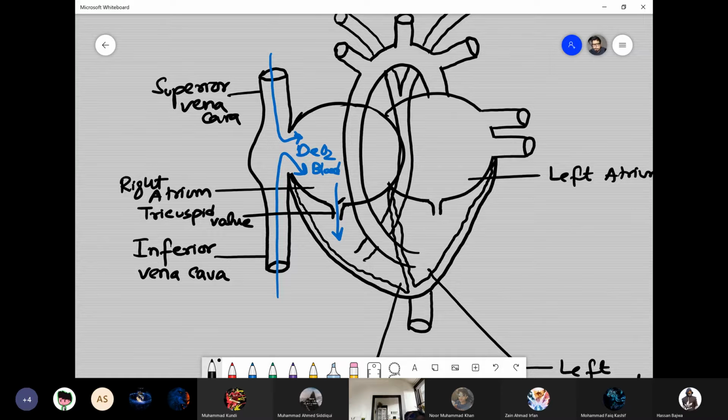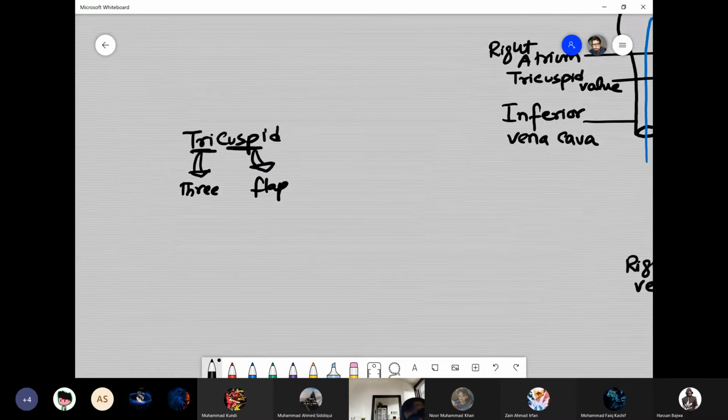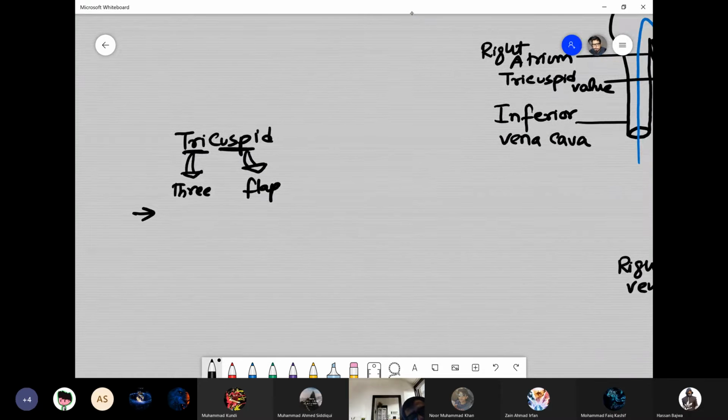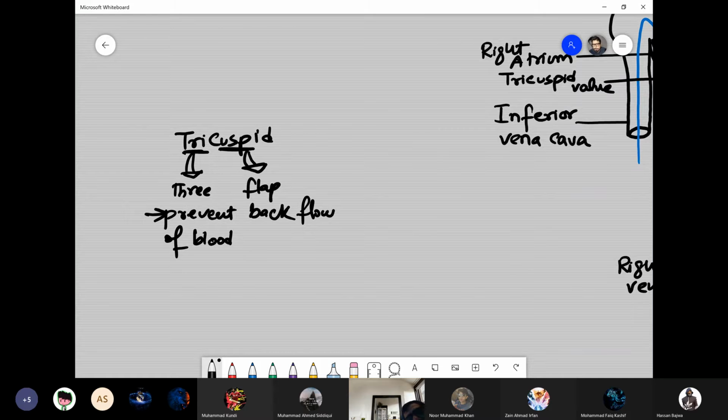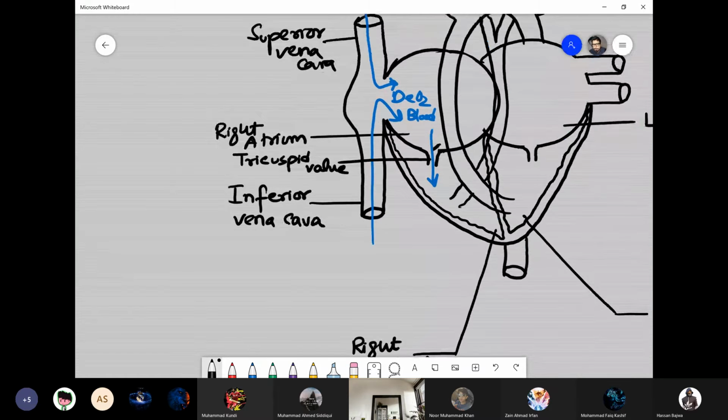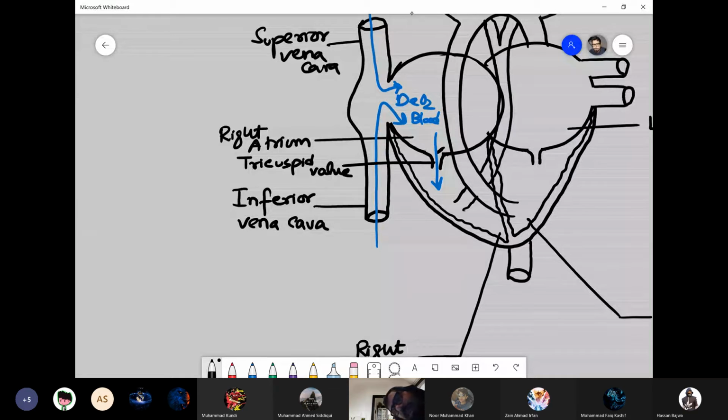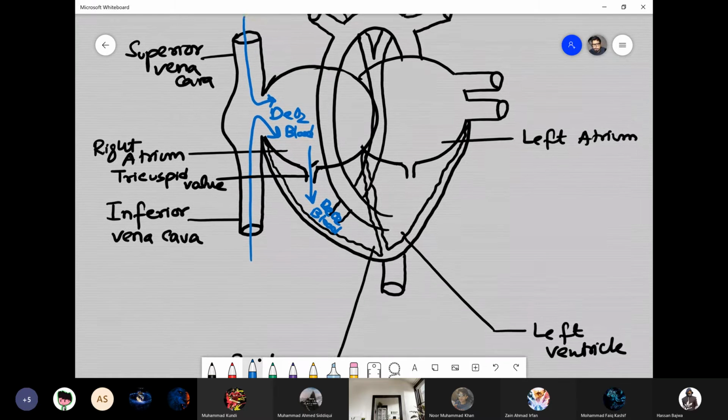Now, what is the job of these valves? Remember, boys, the job of these valves is that they prevent the backflow of the blood. I will explain this right now. This deoxygenated blood, let me write with the blue color, is now present in this right ventricle.